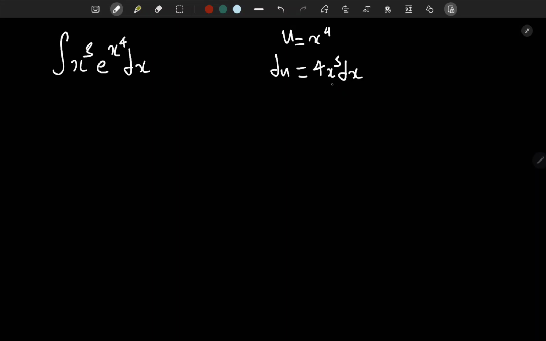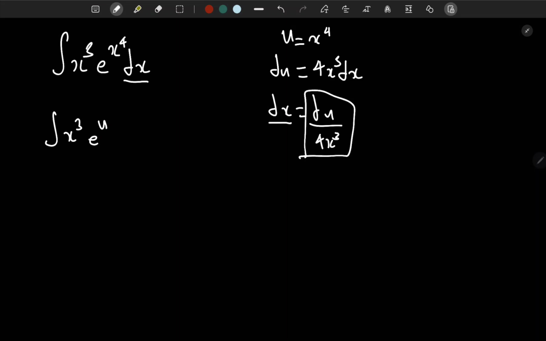If we bring 4x^3 to the other side, dx is equal to du over 4x^3, and now we can substitute for dx. So we get the integral of x^3 e to the power of u, and dx is du over 4x^3, and x^3 cancels out with x^3.